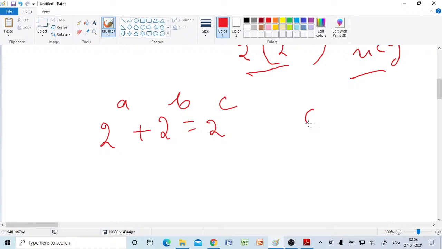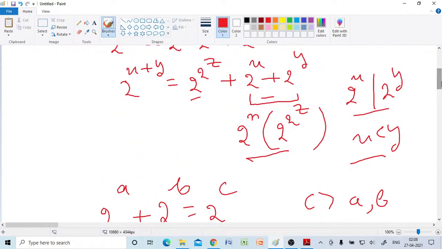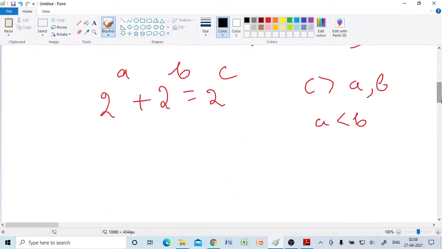Clearly we can see that c is greater than both a and b. So we can just assume that say a is less than b. Now a is minimum among a, b and c. So what we can do is basically divide both the sides by 2 to the power of a.